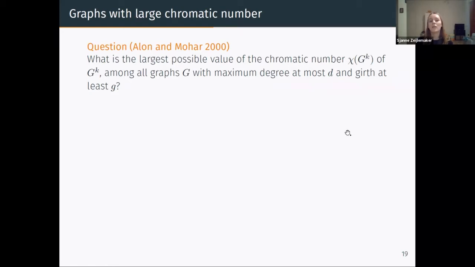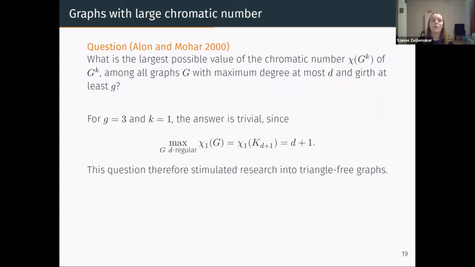So they asked, if we fix the maximum degree and the minimum girth of a graph, what's the largest possible chromatic number of the kth graph power that we can achieve? Now for k=1, this question was already asked before by Wegner, but even then it's an interesting question. So if we allow triangles, the question basically becomes trivial. We just pick the complete graph. But otherwise it is not.